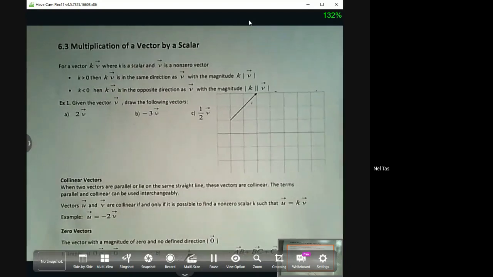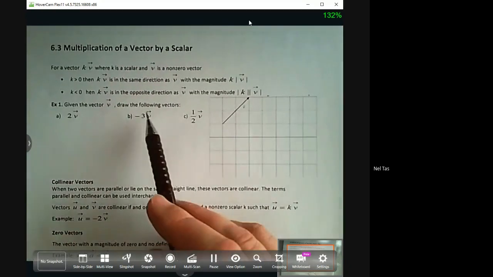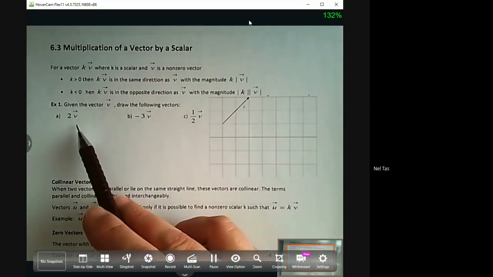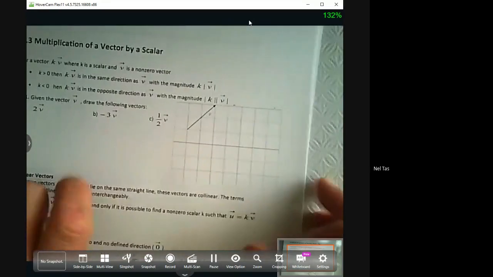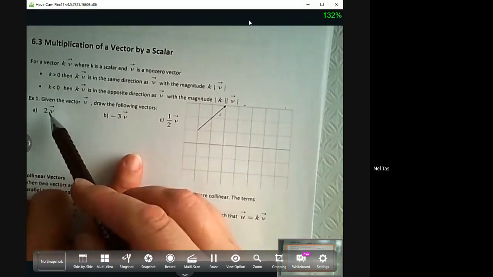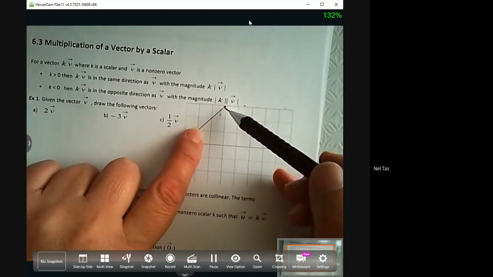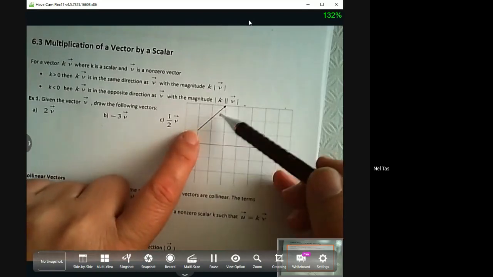Okay, so let's do some practice questions. Example 1, given the vector v, draw the following vectors. So we're going to draw 2v. So this is v. 2v is going to have the same direction as v, but the size or magnitude of it is going to be 2 times v. Make sure to pay attention to the slope of the vector.